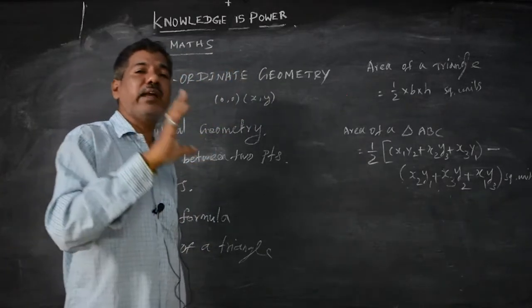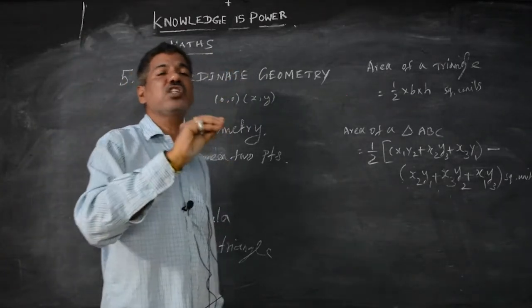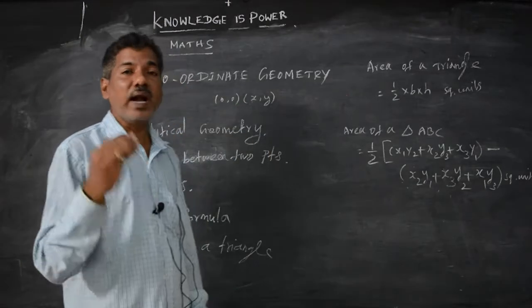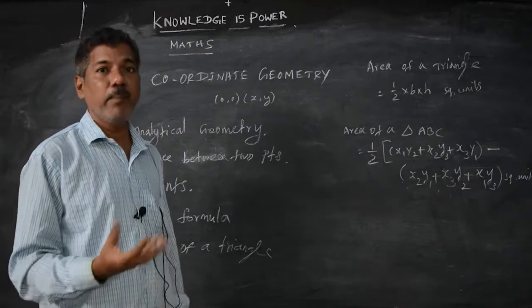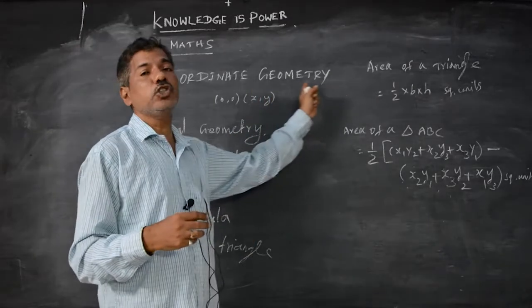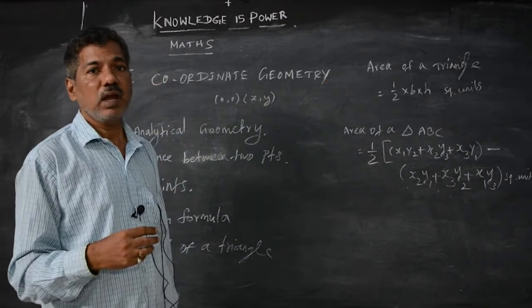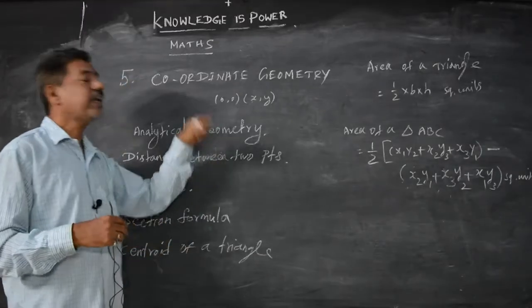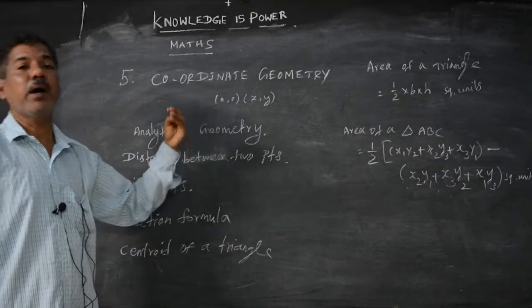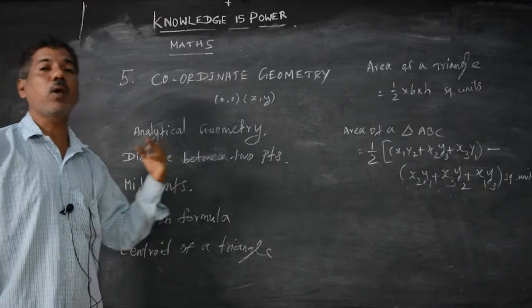So triangle, quadrilateral, parallelogram, rhombus, these all come under geometry. Related to that, parallel lines, perpendicular lines, triangle, quadrilateral.